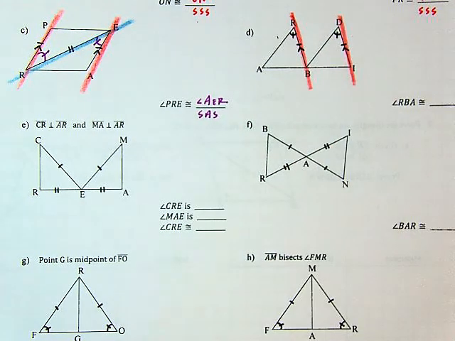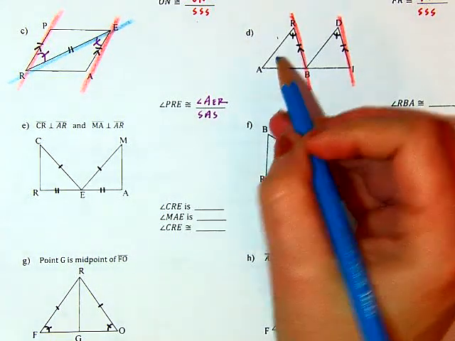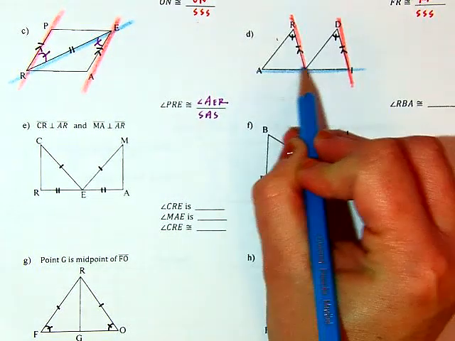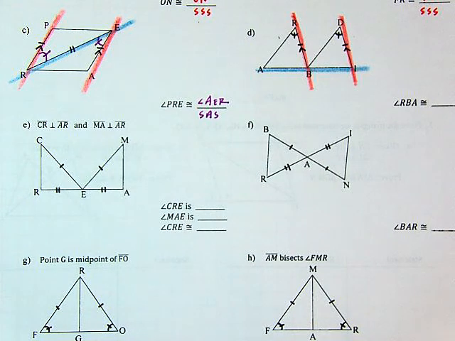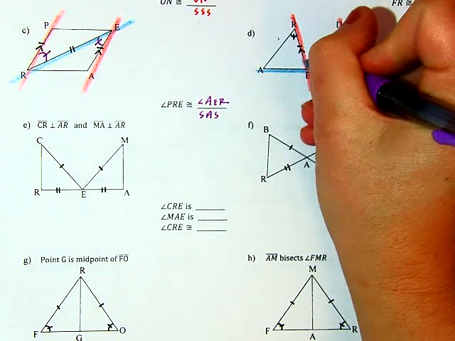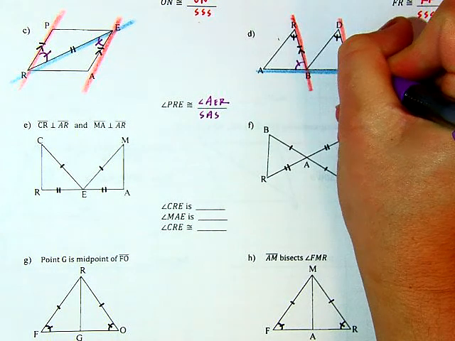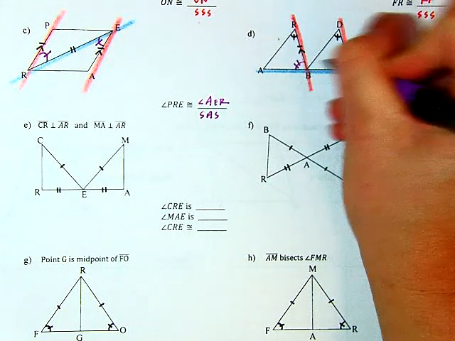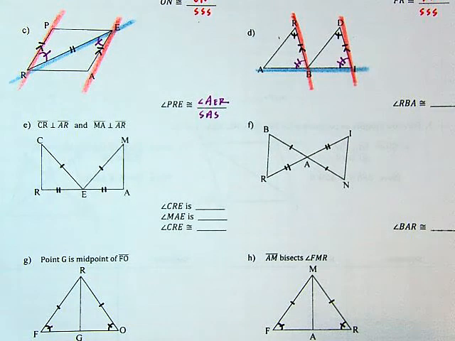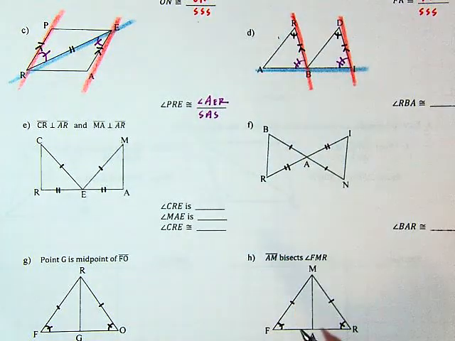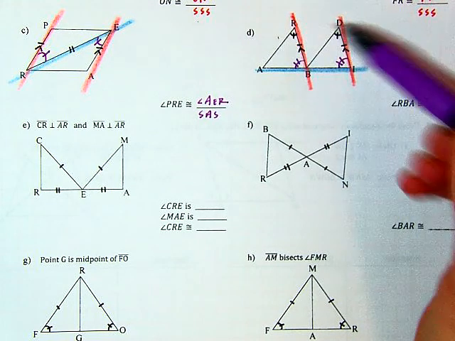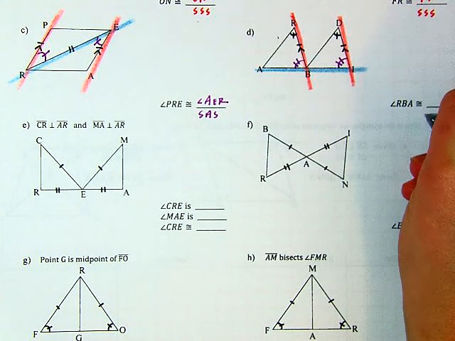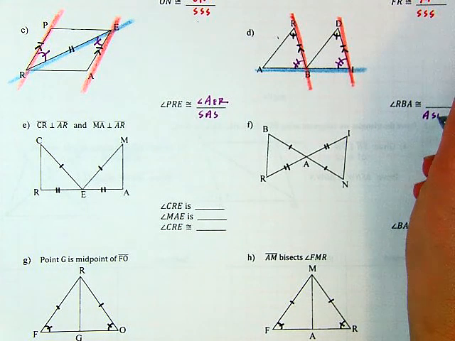So if I picture my transversal right here, then I can link up my corresponding angles right here. Here and here. Give it a double tick mark since I already used that single notation. So here I have angle, side, angle. It's the side that's in between. That's how I would prove these triangles are congruent.